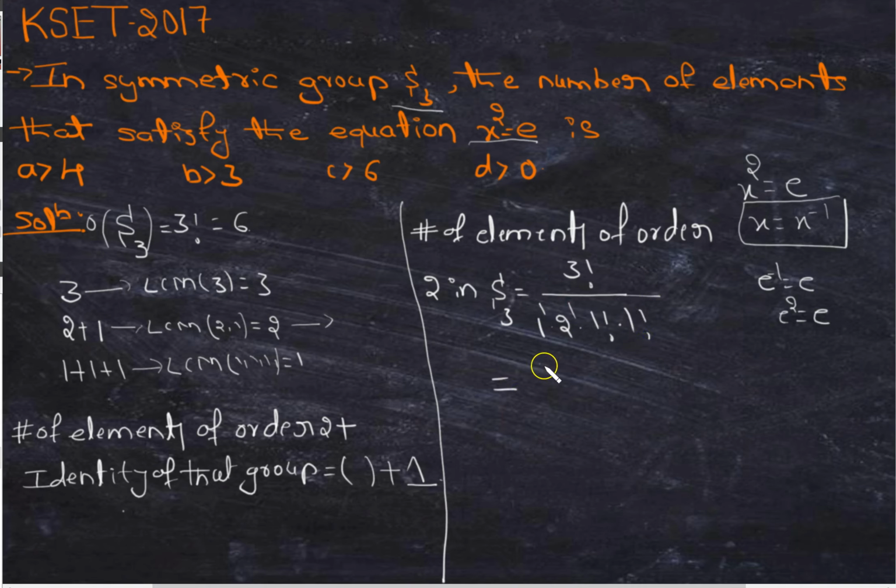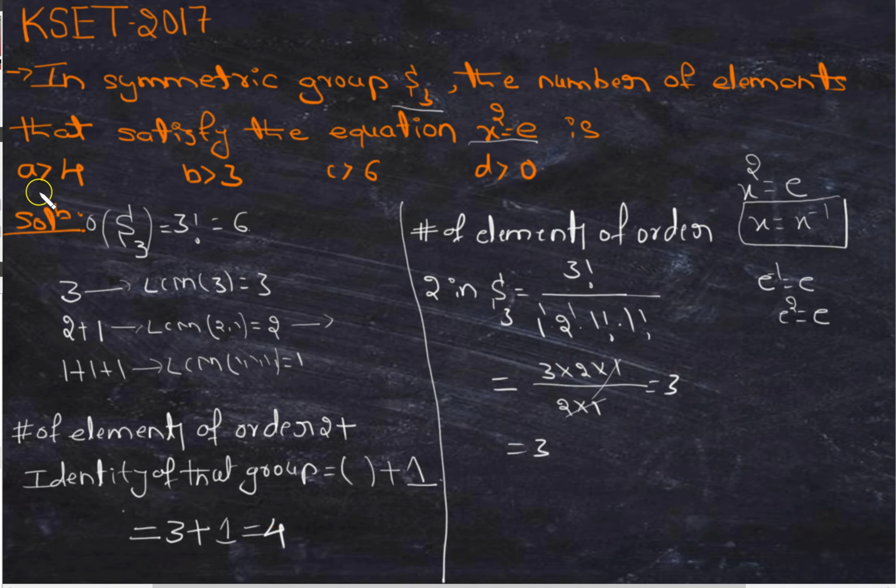This is 3 factorial, 3 into 2 into 1, over 2 into 1 in the denominator. These get cancelled, giving 3. So the number of elements of order 2 is 3. Now the total is 3 elements of order 2 plus 1 identity, which equals 4. Very simple.